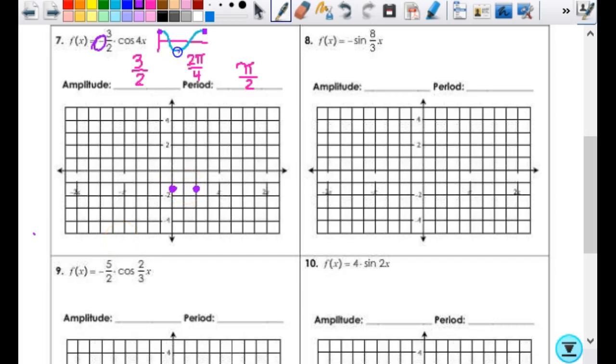Then this right here, which was a minimum, is going to become a maximum, and it's halfway in between at 1.5. Then I have to get my intercepts, which are halfway in between those. So halfway in between these two on the axis is right there and right there. There are my 5 anchor points.